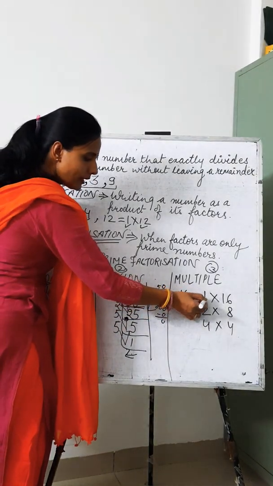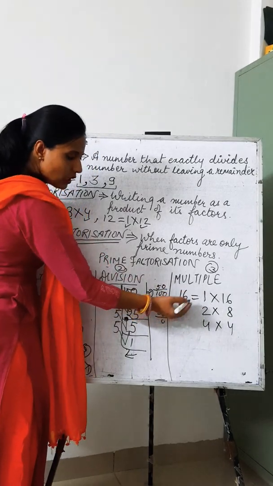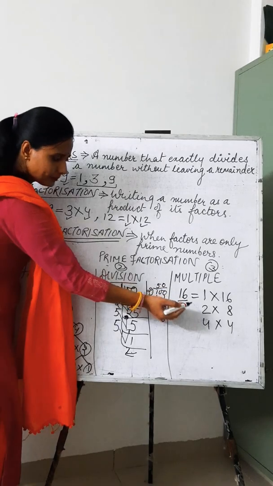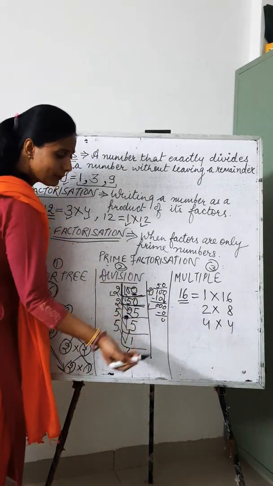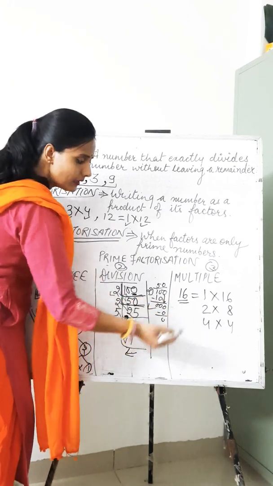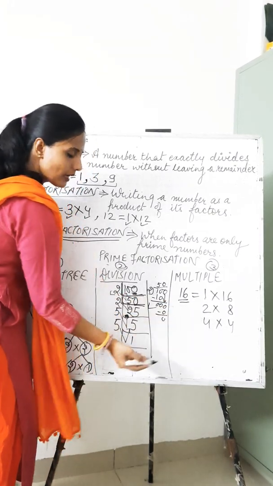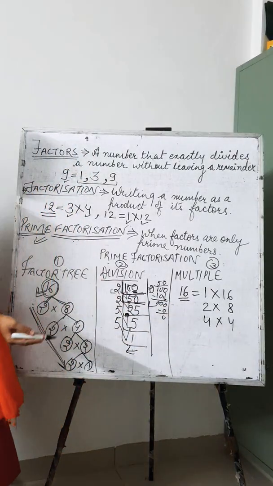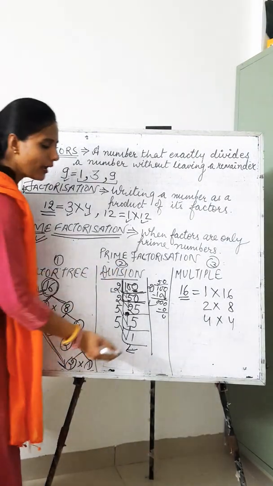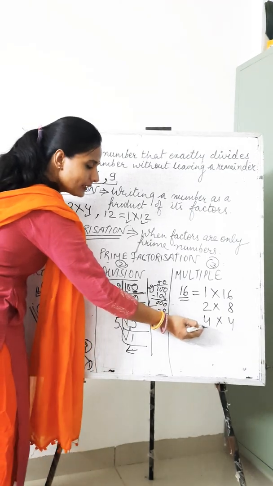Here I have taken 16. So 1 multiplied by 16 will be 16. Now which number should I take next? 2 8s are 16. Next, shall I go with 3? No, as I know that 16 is not in the 3 table and 16 is not divisible by 3. So I will switch to the next number, that is 4.